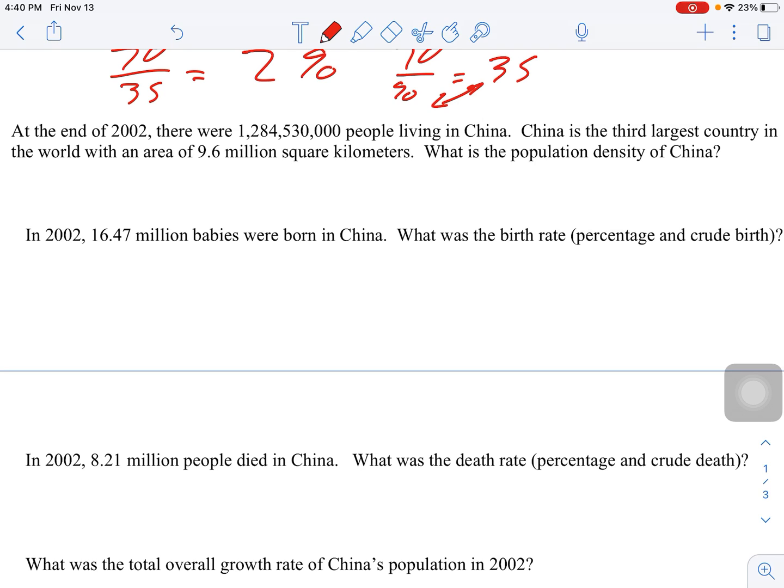So this is that same thing with the deer. All we got to do is rephrase this. So 1, 2, 8, 4, 5, 3, 0, 0, 0, 0. We divide that by the amount of space. So 9.6 million square kilometers. So we can just write it like that.